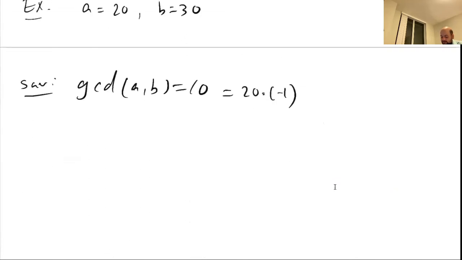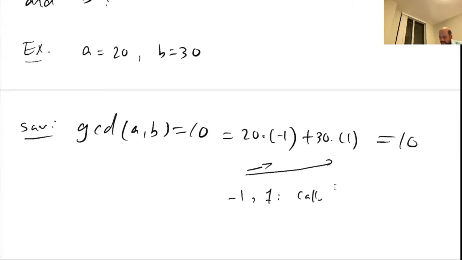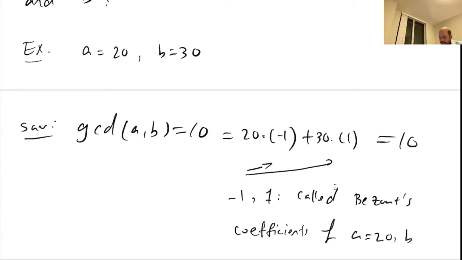In this case, 20 times minus 1 plus 30 times 1, and the answer is 10. So minus 1 and 1 in this case are called Bezout's coefficients of A equals 20 and B equals 30.